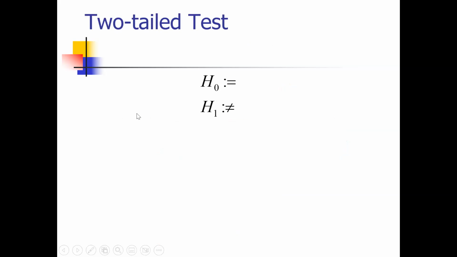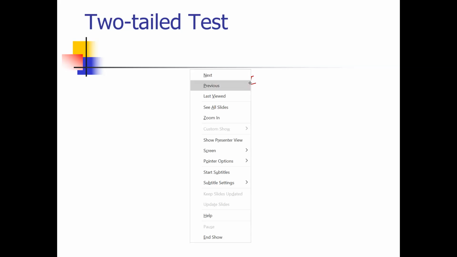The last scenario is where you are not sure. Okay. If somebody says the average height in this class is 5 points. Okay, let me not use this class because that might be a little biased. Let's say the average height across the country is 5.4 feet.